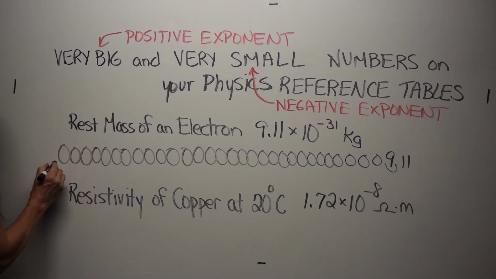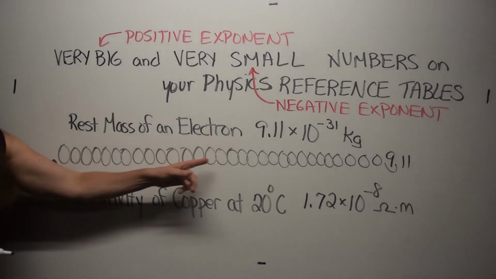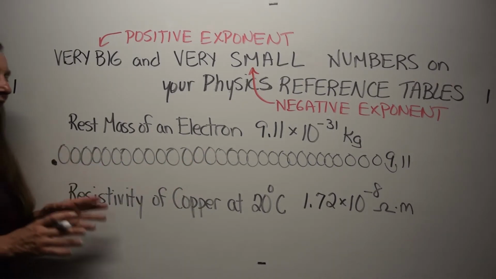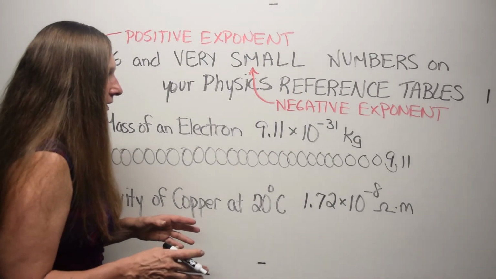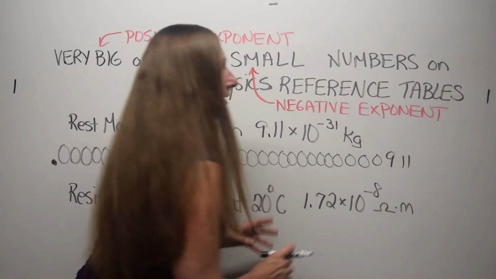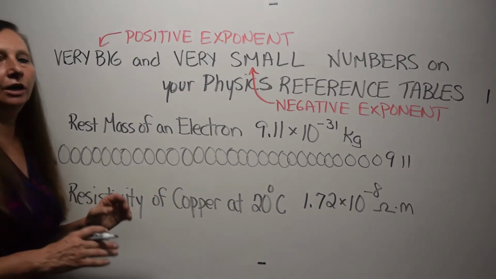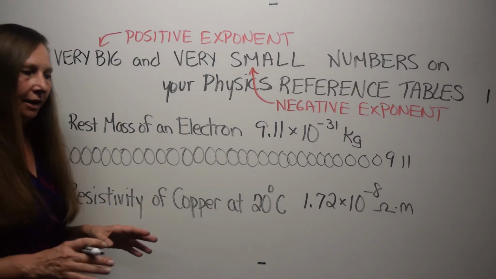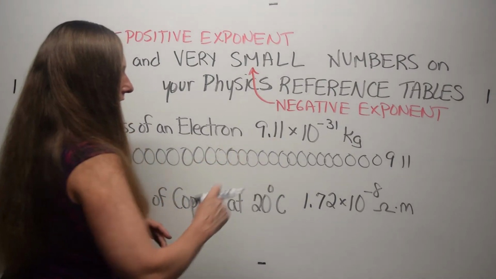So there's the decimal point. This would be the mass of an electron in decimal form. That's an awful lot of zeros. I don't ever want to have to write that on a test or do that in a math problem. I would rather just use scientific notation.